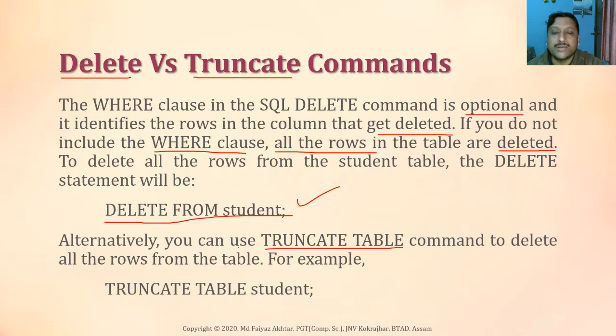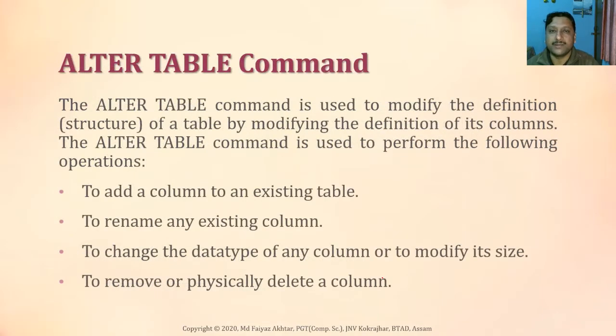Okay, you can use the truncate table command to delete all the rows from the table. For example, truncate table student. Both commands are the same. Okay, you can use delete from student or truncate table student. Both commands are the same.